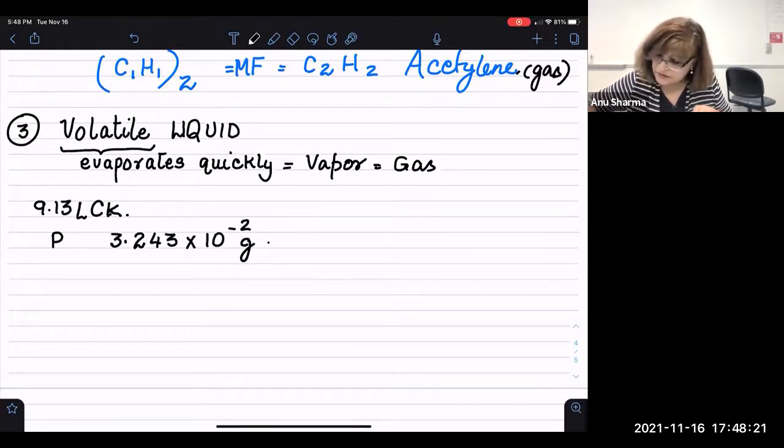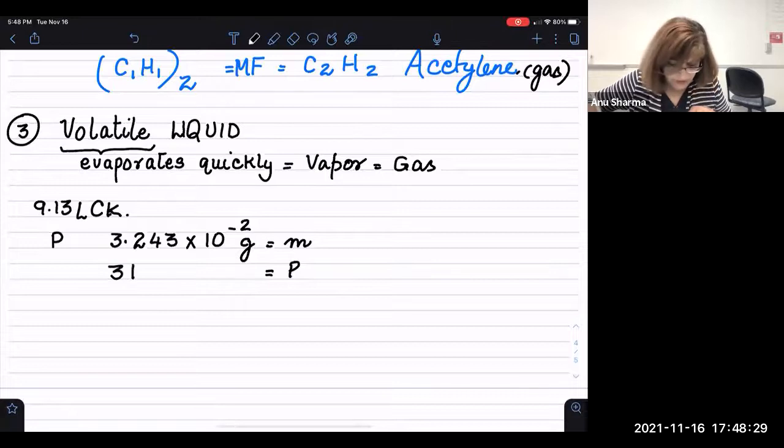Exerts a pressure. So this is obviously the value of small m. Now the pressure given is 31.89 kilopascals.